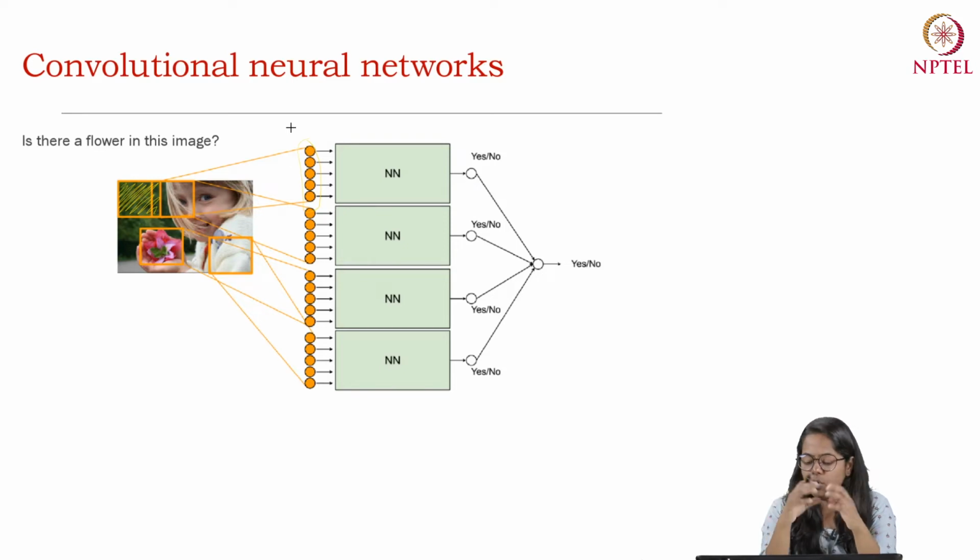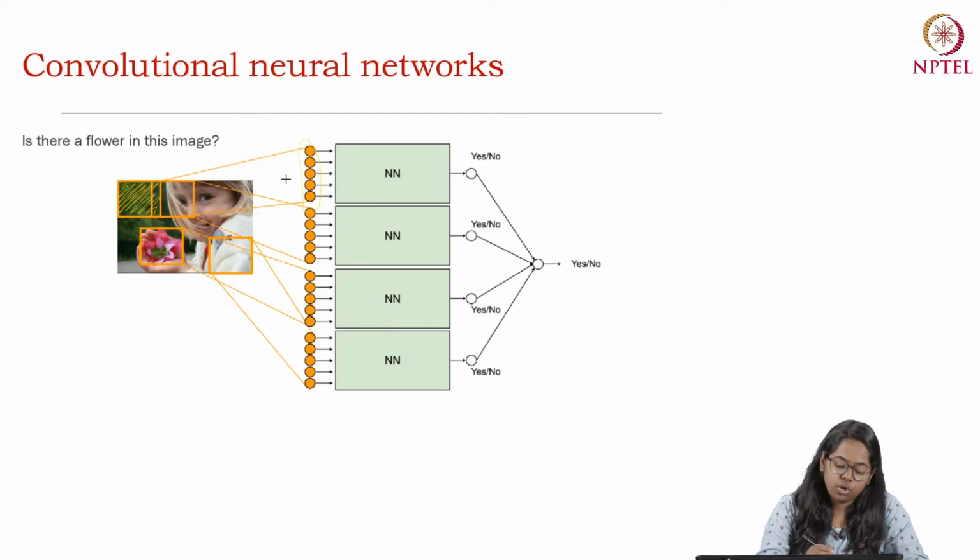We'll go into the depth of this right now, but basically the matrix is made in such a way that it identifies the presence of a flower in the image, and we want to multiply this matrix over all these segments of the image. For example, for this first segment here, we multiply the matrix and obtain some value here, and check whether this particular matrix represents a pattern of a flower or not.